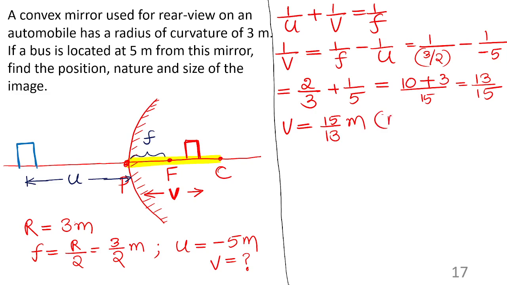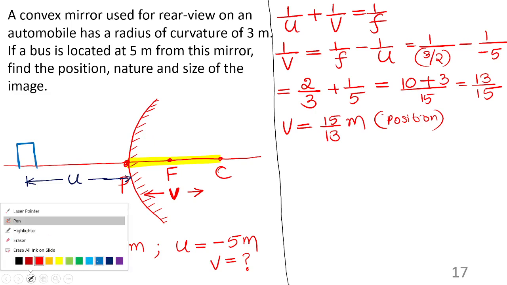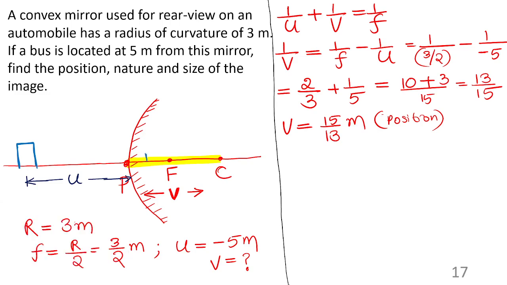The position I got, 15 by 13, will be 1 point something, which will be somewhere here. Actually, the ray diagram we have already studied. We have already studied that the image will be between pole and focus. So v is 15 by 13, I mean 1 point something meter away from the pole.